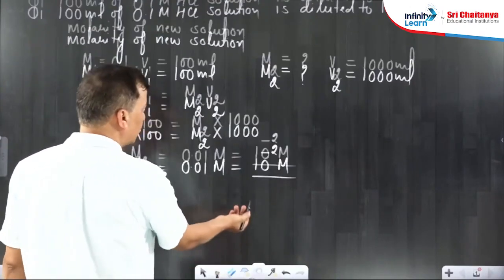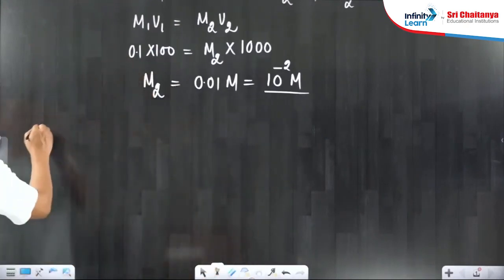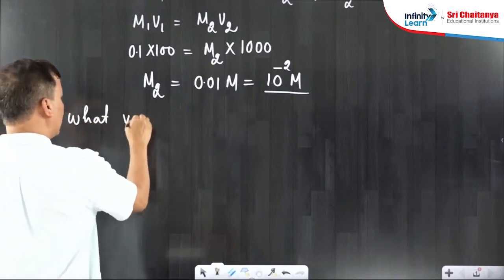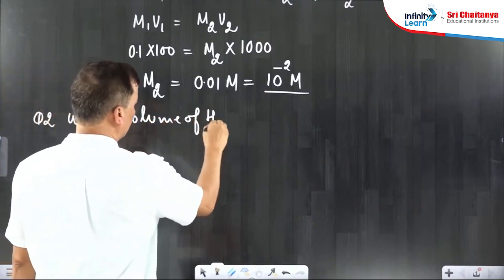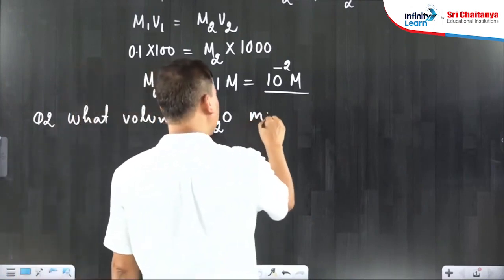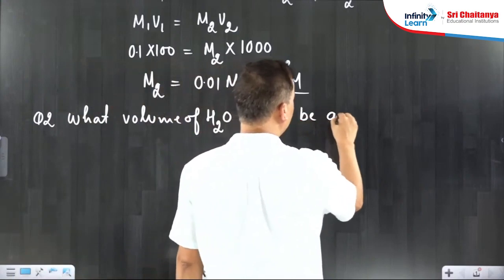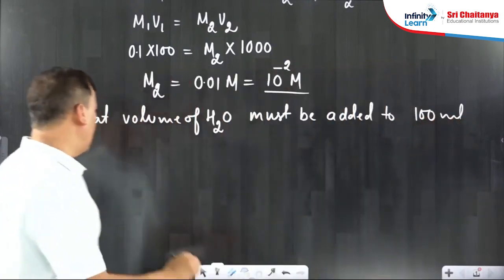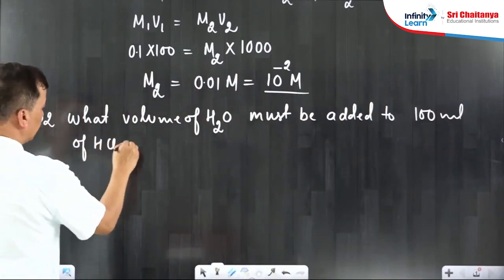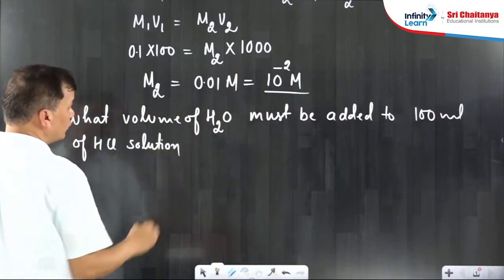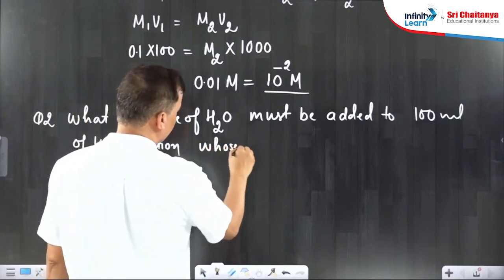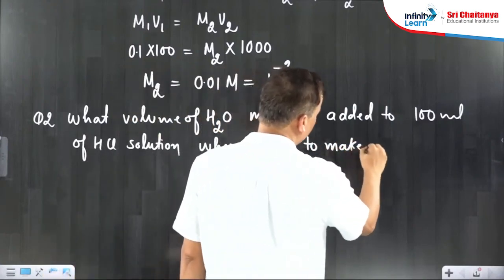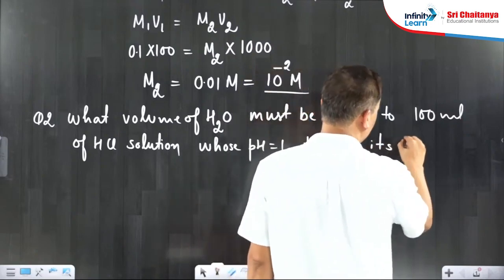Dear students, now I am taking one more question. Question number 2, please write the question with me: what volume of water must be added to 100 ml of HCl solution whose pH is 1 to make its pH 2?